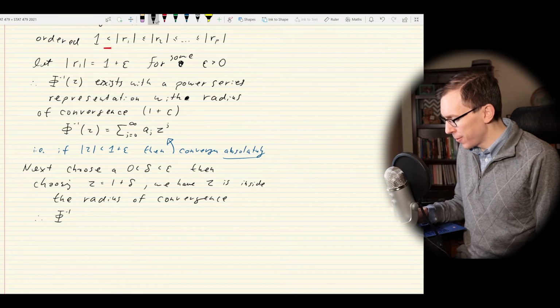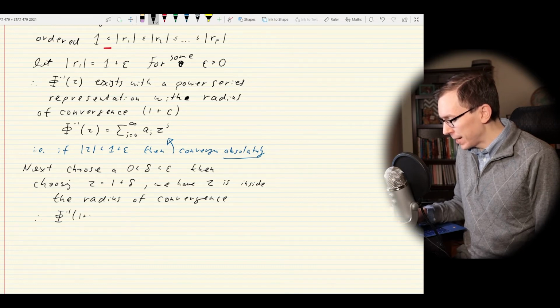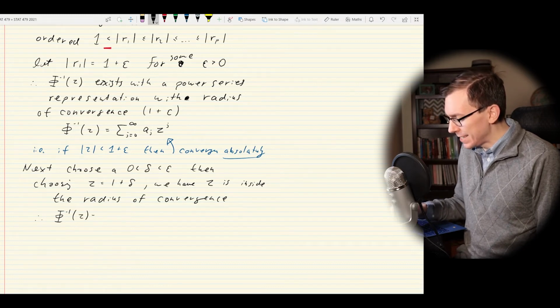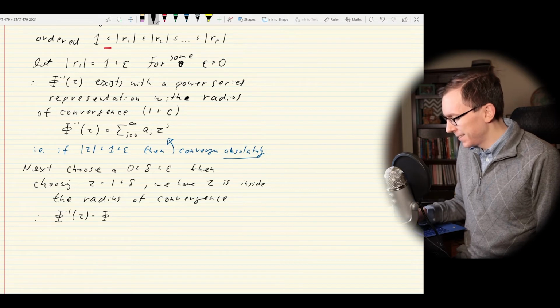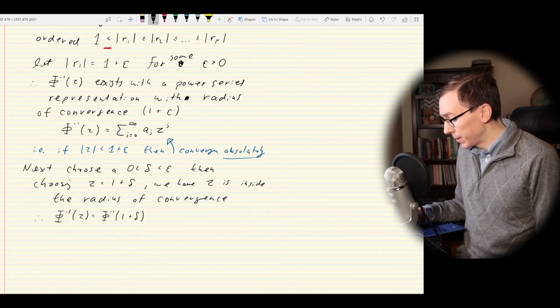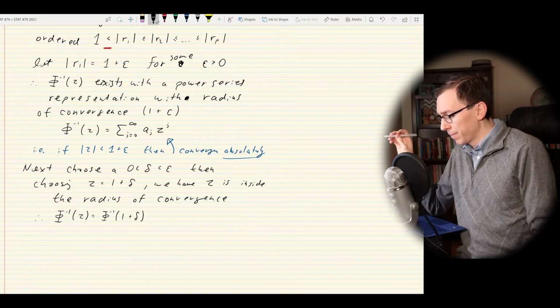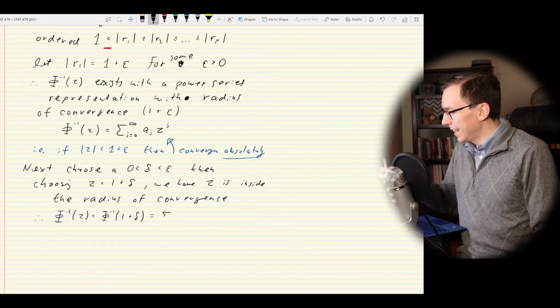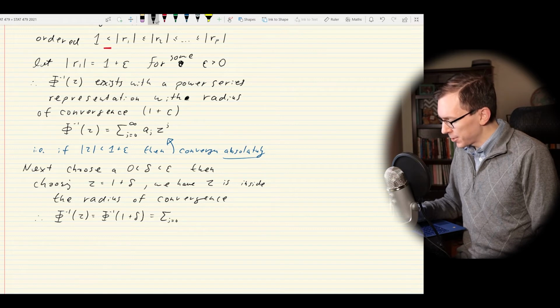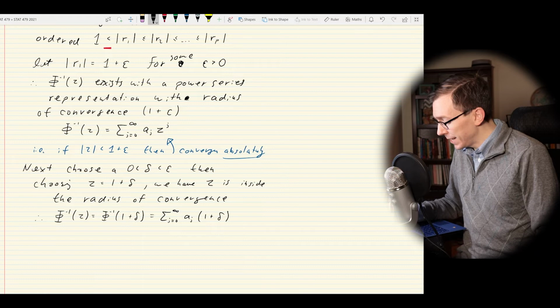Therefore, if I evaluate my polynomial phi at z, which is going to be 1 plus delta, because that's how I chose it, then what I end up with is the sum, j from 0 to infinity, of aj times 1 plus delta to the jth power.